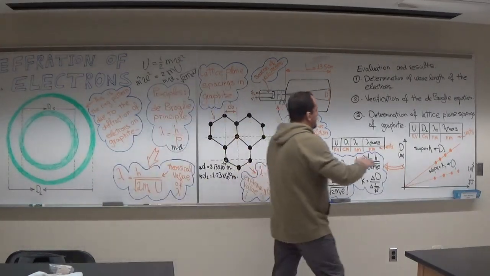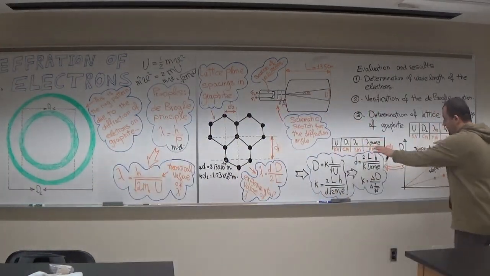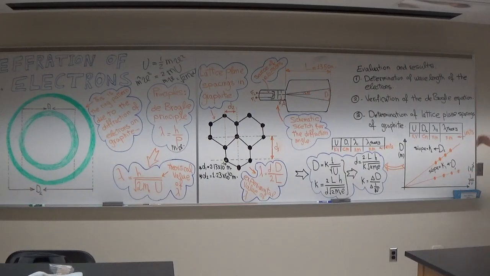Once you finish those two tables, and by the way, guys, once you compare the theoretical value with the experimental value, you will see that you already proved the de Broglie equation, so the de Broglie equation is right.